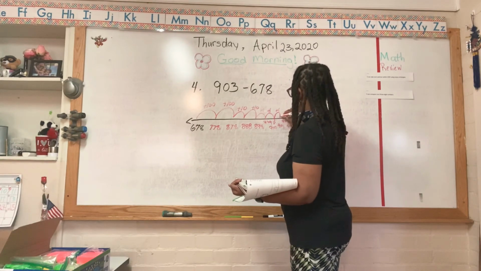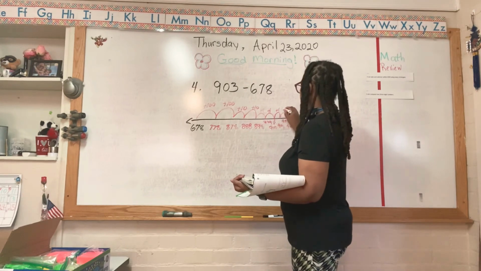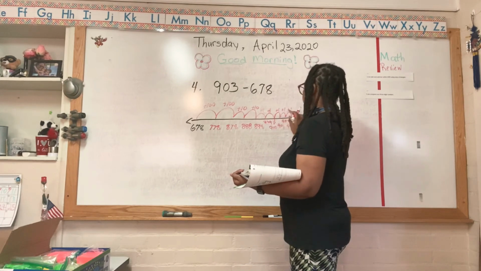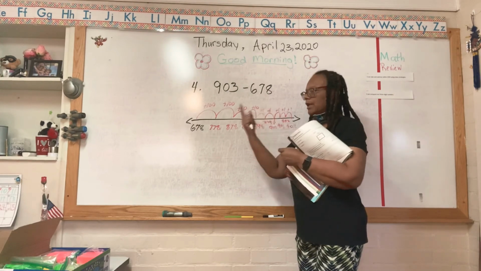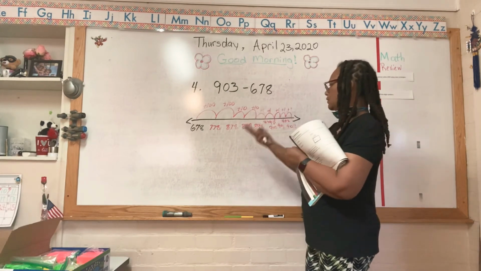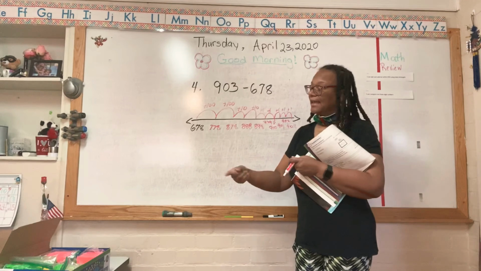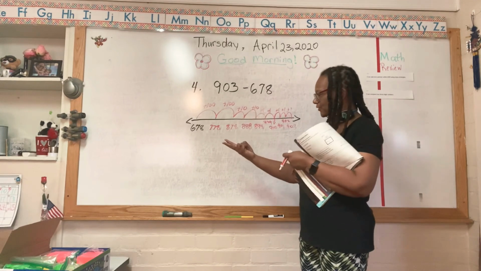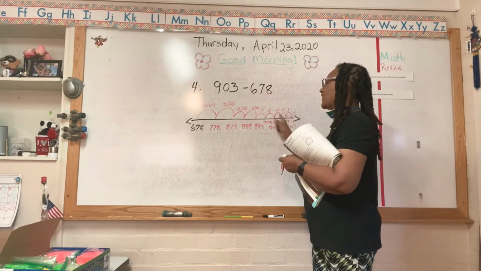We got 1, 2, 3. So let me add the ones here. 1, 2, 3, 4, 5. Going from 898, 899, 900, 901, 902, 903. So we added 5 ones.